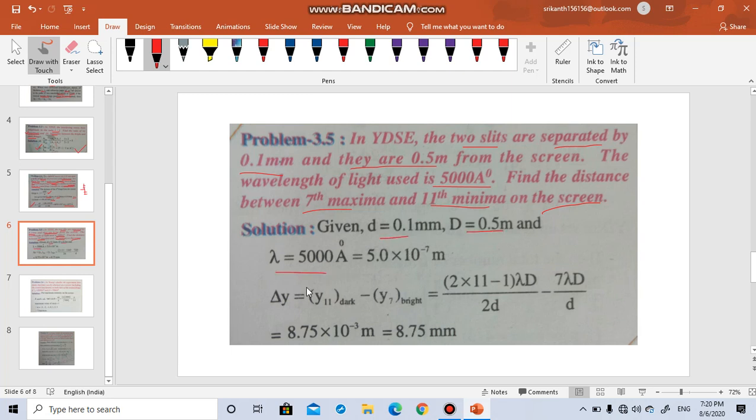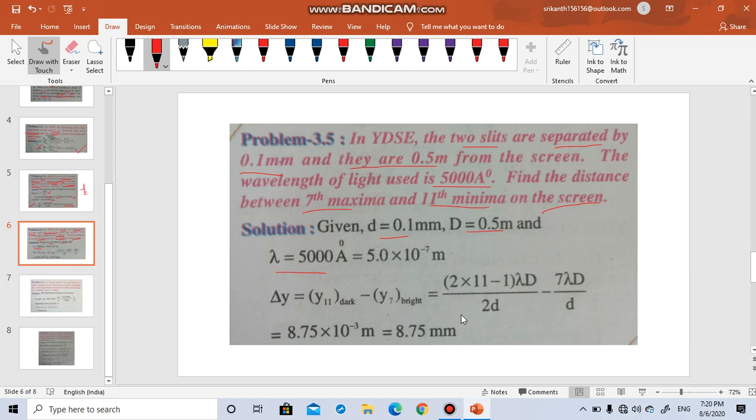You have to find this delta y. So you have to find the 11th dark fringe location and the 7th bright fringe location. For this I gave an equation yesterday.